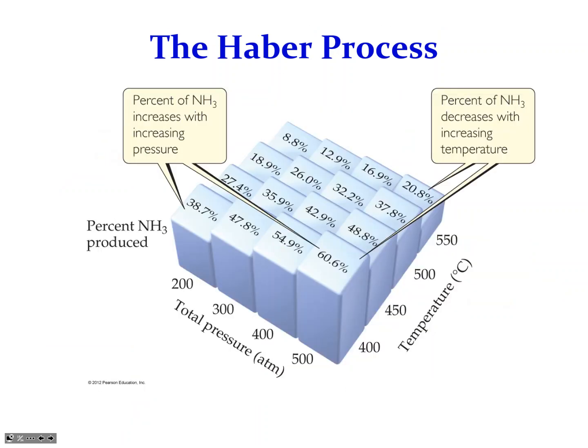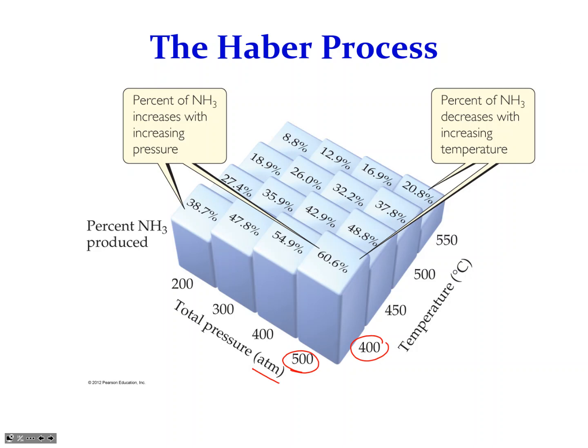And also point out the types of yields that you get here, even with the best manipulations using Le Chatelier's principle. And I know in the video he said 200 and 450 for the temperature, 200 ATM. But this graphic from the textbook says basically the best conditions to get the maximum yield is about 500 ATM and 400 degrees Celsius.